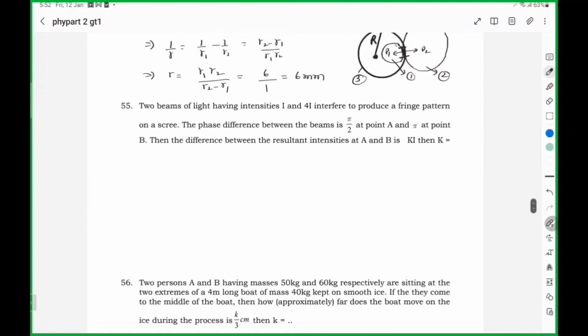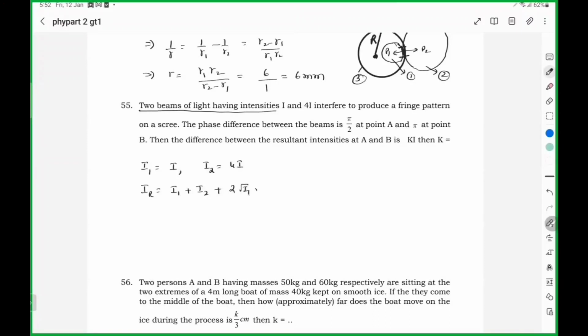Here, two beams of light are incident. So let us assume incident of one light beam is this, incident of the second light beam. Resultant intensity, we have a formula I1 plus I2 plus 2 root I1 I2 cos phi.